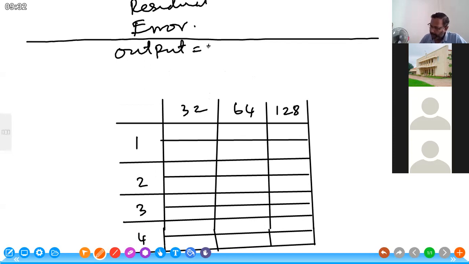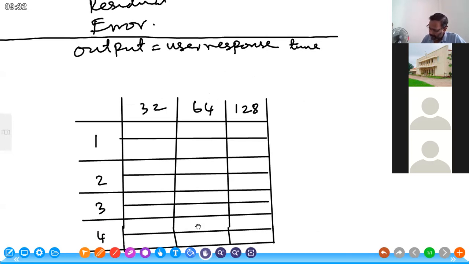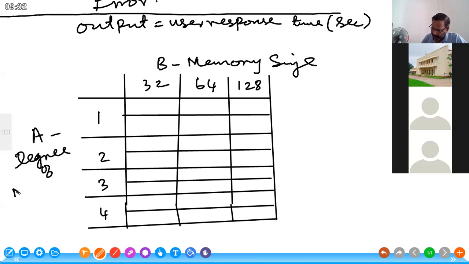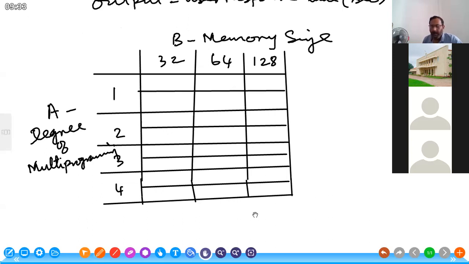Write down this. The question is, we have two factors.